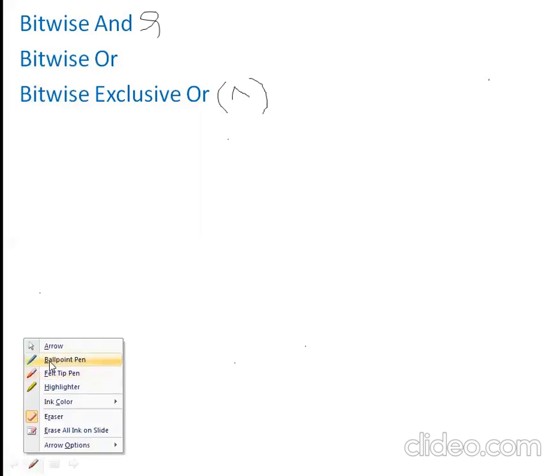So before 11, we can add a 0, so that will give 011. Then the resultant binary value, what you got? 110. So 5 is 101, 3 is 011.